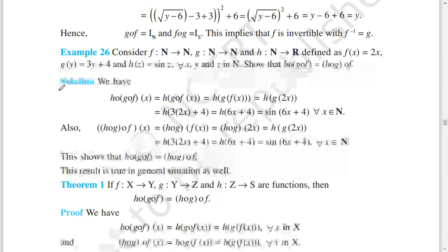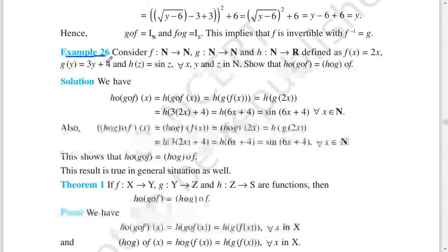Example 26. Consider f: N → N, g: N → N, and h: N → R defined as f(x) equal to 2x, g(y) equal to 3y plus 4, h(z) equal to sin z for all x, y, and z in N. Show that ho(gof) equal to (hog)of.